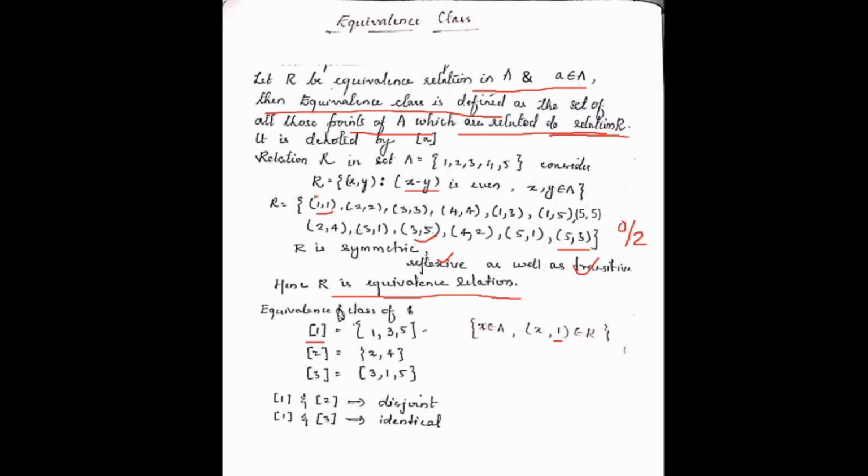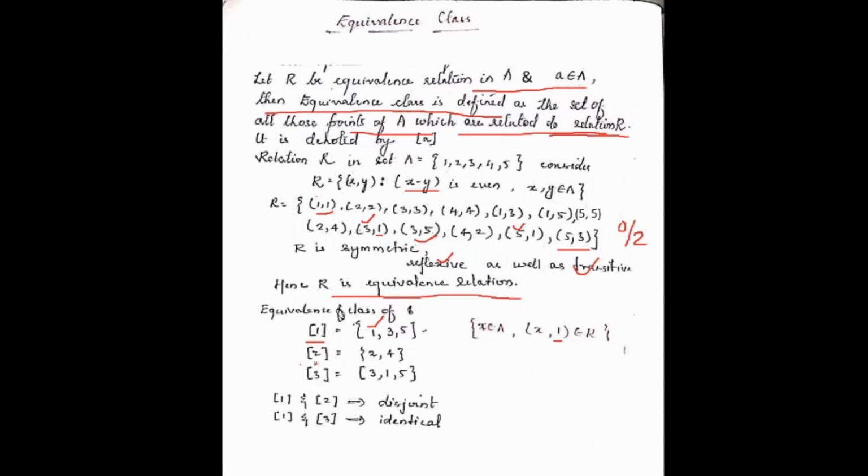Okay. So here what we are seeing is how x is related to 1. So 1 is related to 1. Next, we have 1 related to 3, and 5 related to 1. So we have 1, 3, 5, which are related to 1.